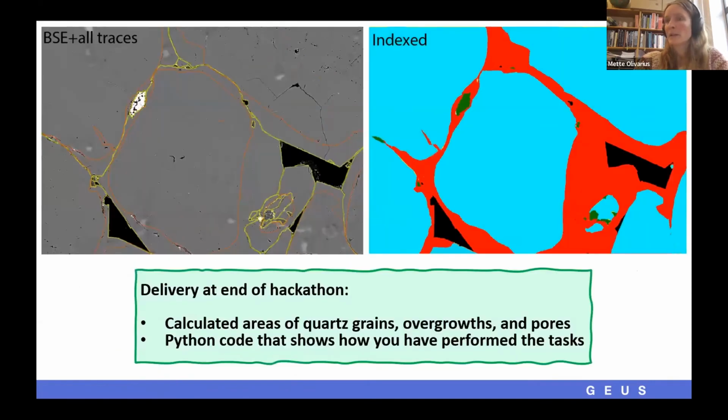And delivery at the end of the hackathon, well, Mike already talked about this, but it's these calculated areas and then Python codes that show how you perform the task, and then made into a report and a video, as has been explained.